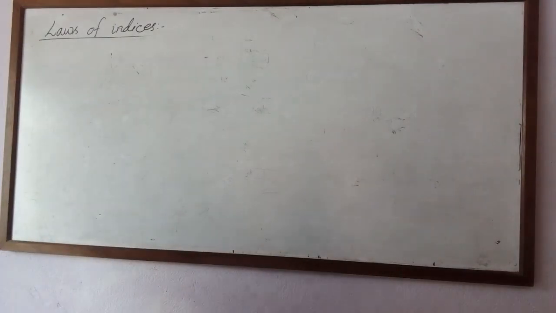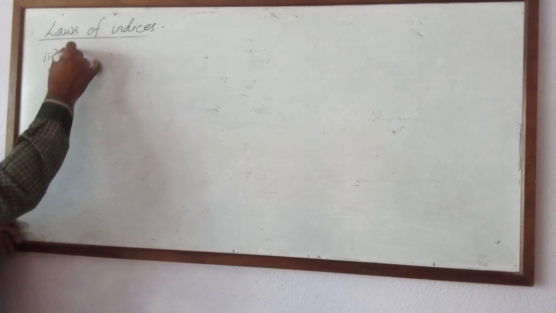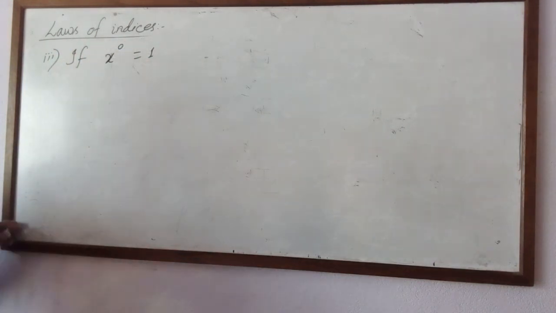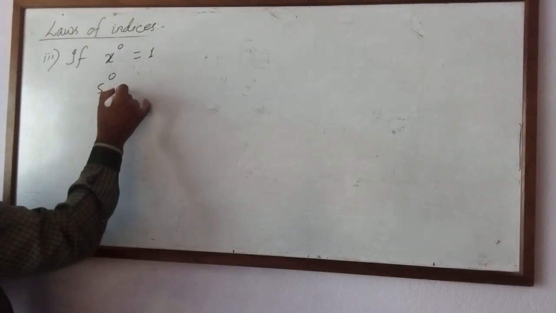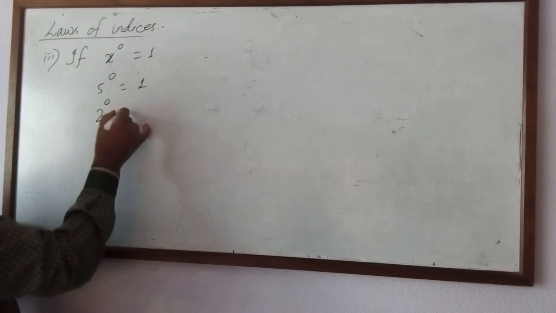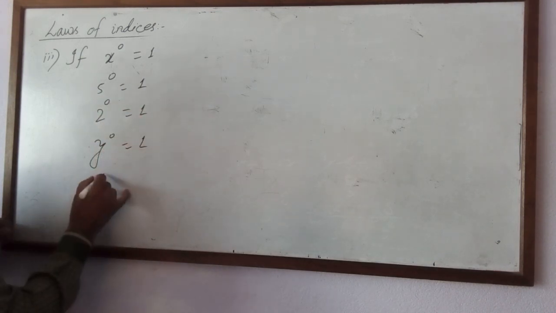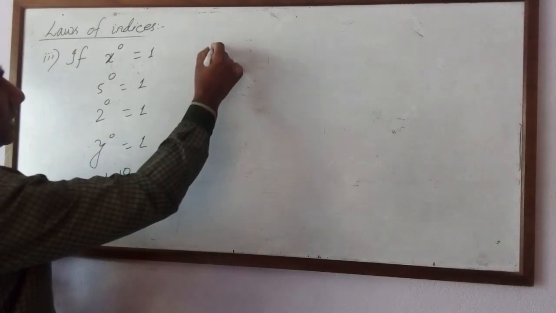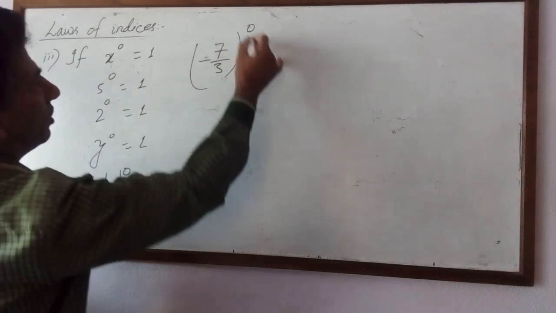Third rule: when the power of any number is 0, the value will always be 1. For example, x power 0, 5 power 0 equals 1, 2 power 0 also 1, y power 0 also 1, 1 by 2 power 0 also 1, minus 7 by 3 power 0 also 1.